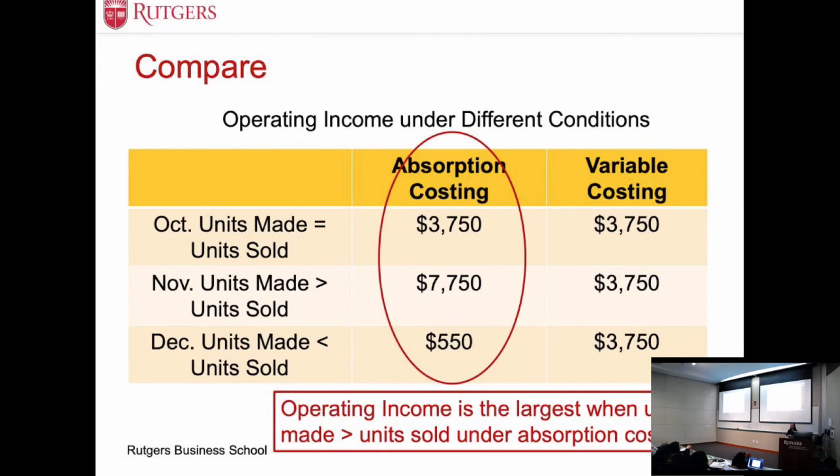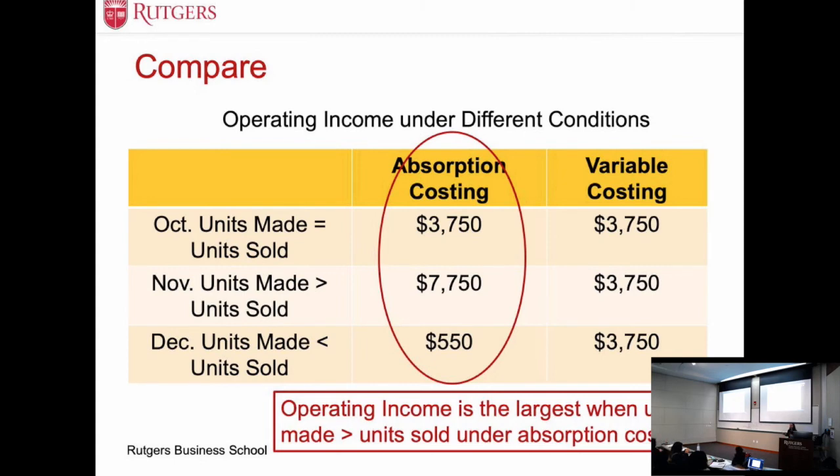As accountants, now you know how the operating income will be impacted by different mechanisms inside. So when we read the financial statement, you will know the tricks inside.